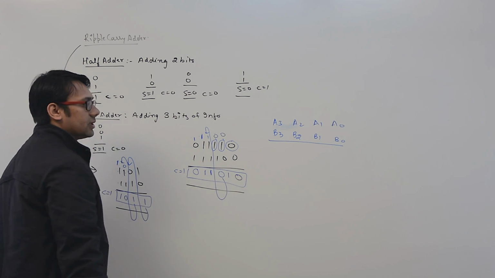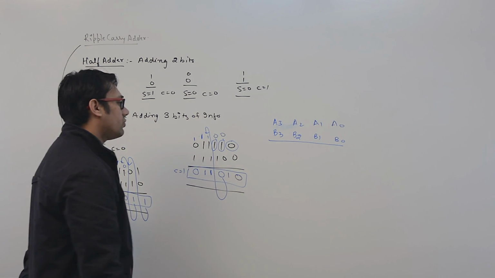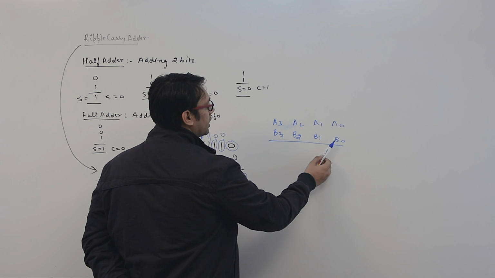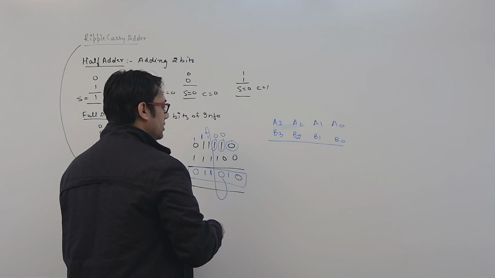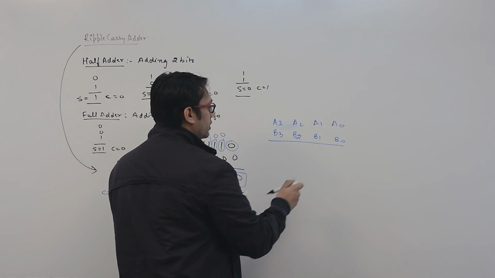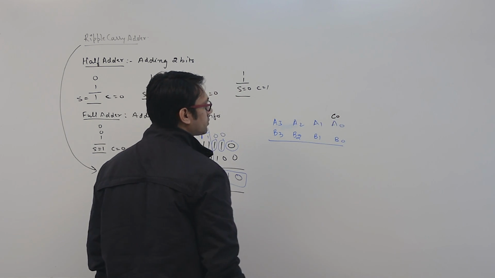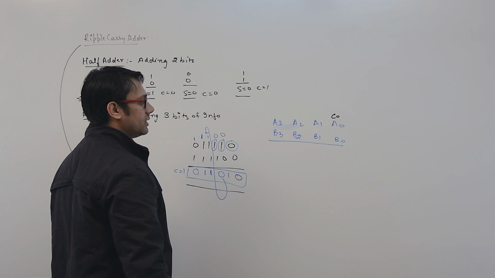That means we are representing them with digits. Now if you add A0 and B0, initially the carry is 0, but I am denoting that carry by C0, and initially I know the carry is 0.